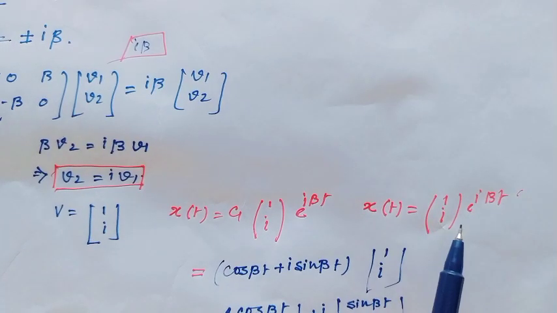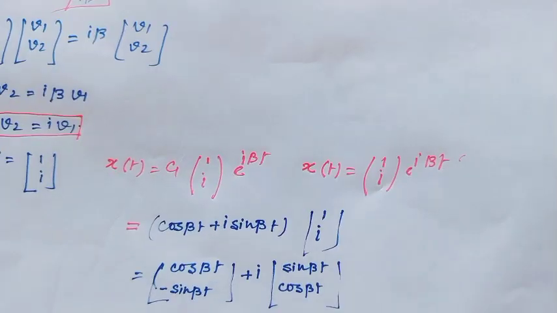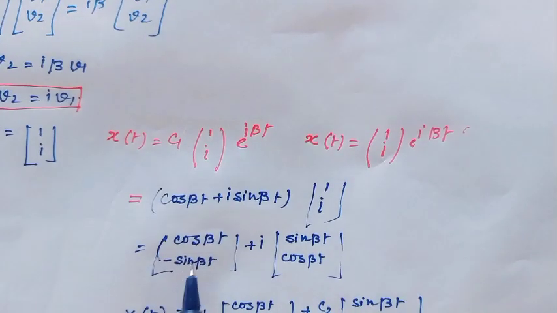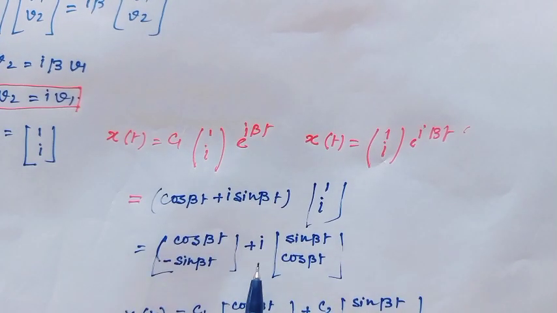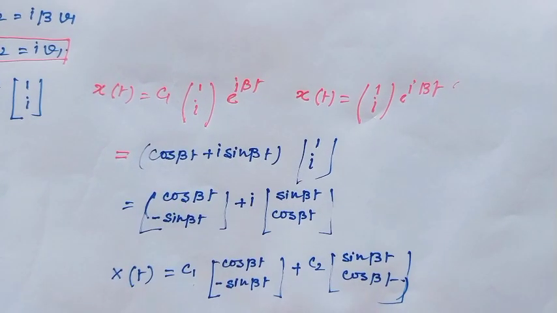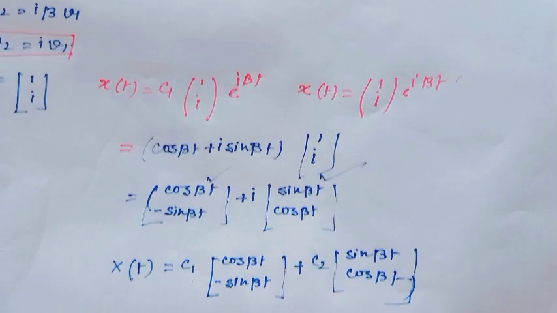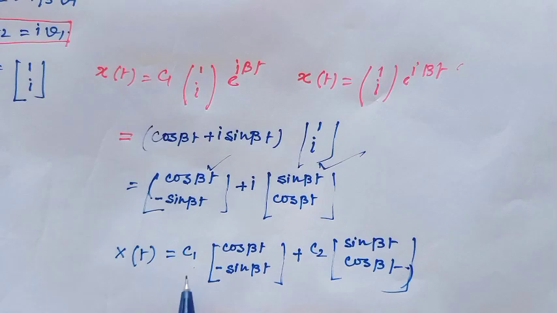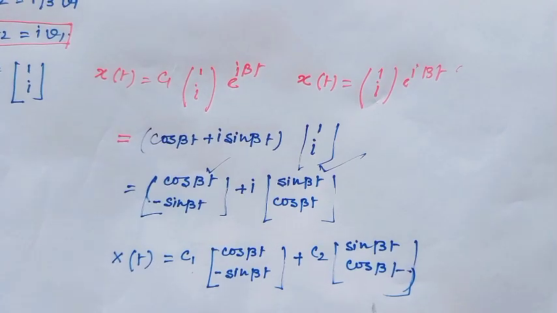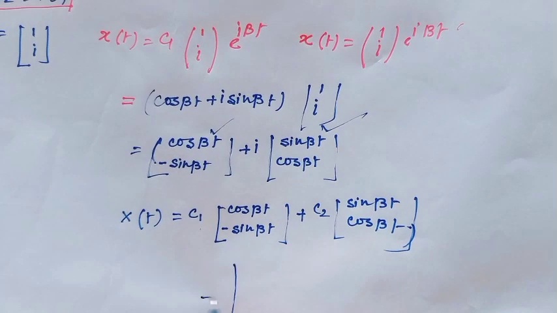And e to the power i beta t obviously means cos beta t plus i sin beta t, times (1, i). This implies (cos beta t, minus sin beta t) plus i times (sin beta t, cos beta t). Since these two vectors are linearly independent, we can write x(t) is generated by these two vectors: c1 (cos beta t, minus sin beta t) plus c2 (sin beta t, cos beta t).